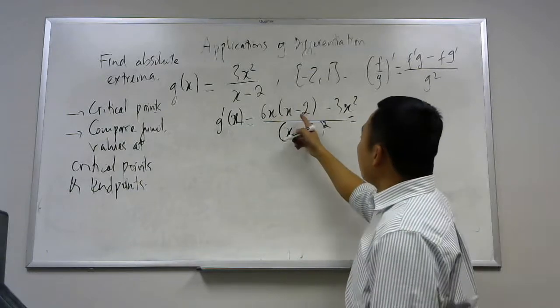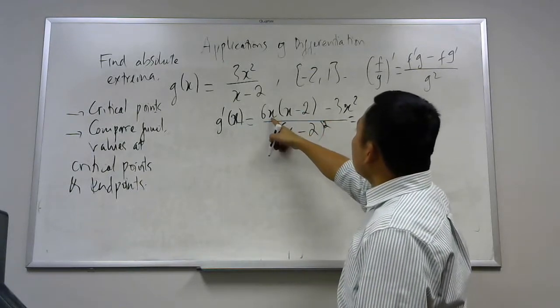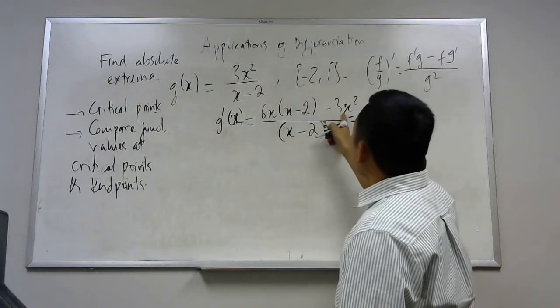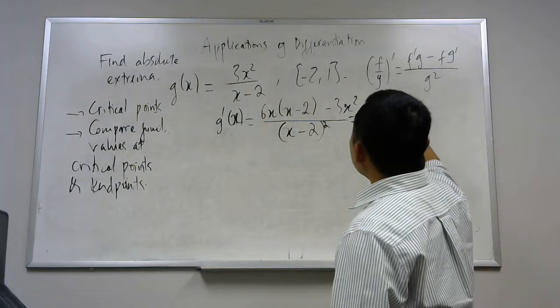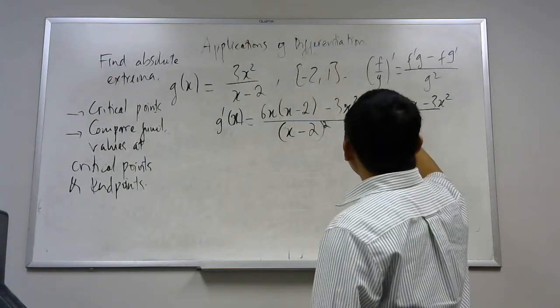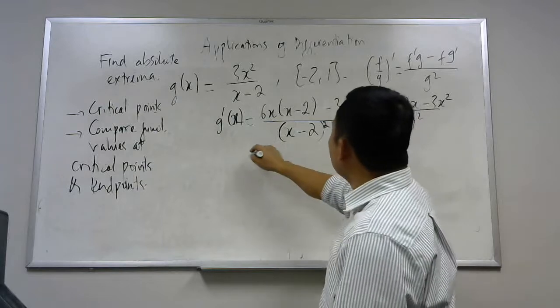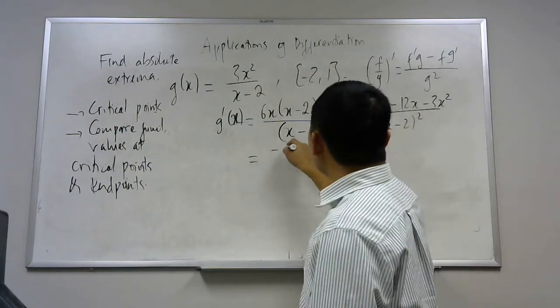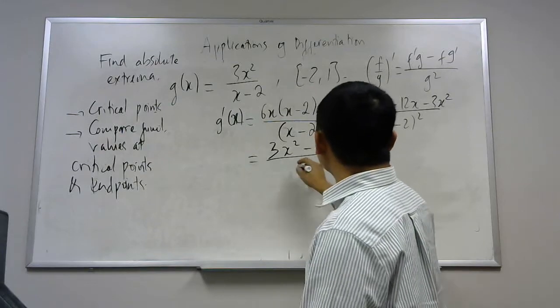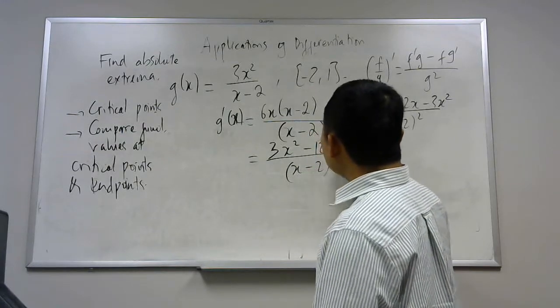Let's distribute and simplify. I get 6x squared minus 12x minus 3x squared over (x minus 2) squared, which is 3x squared minus 12x over (x minus 2) squared.